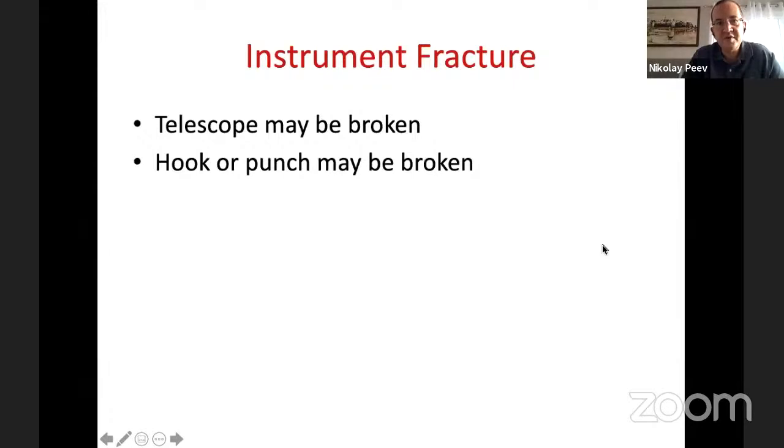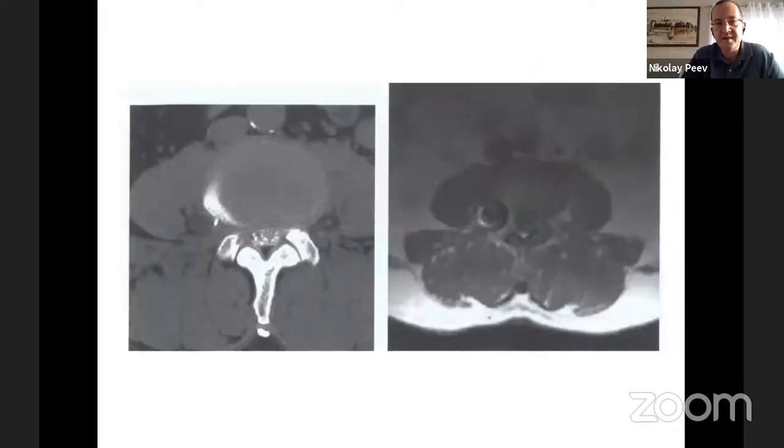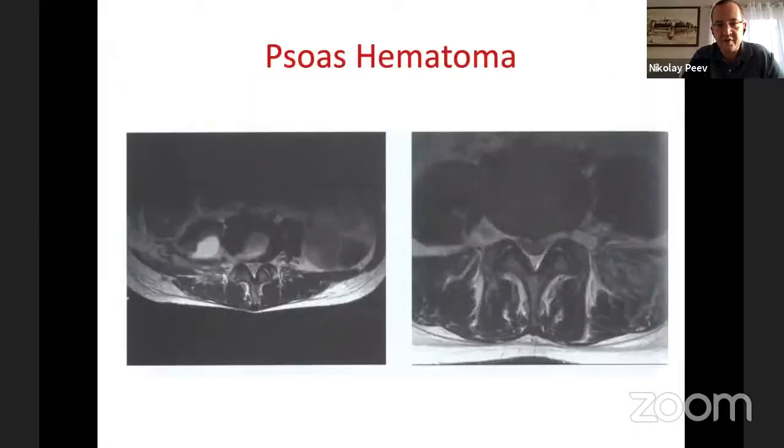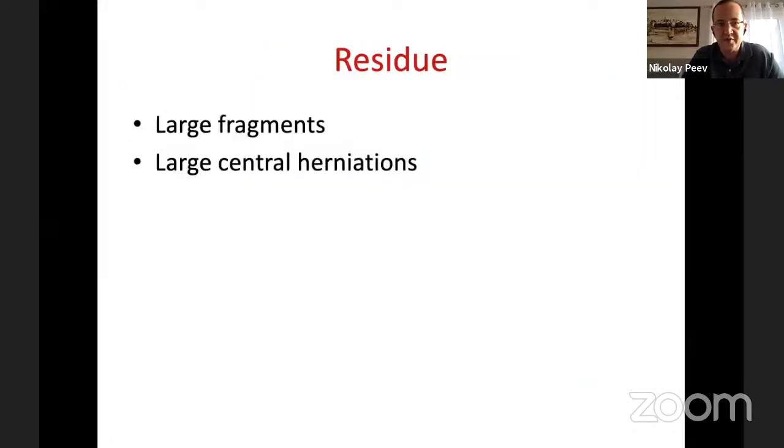Instrument fracture is also something that you may have, especially with your initial cases, and this happens because you're normally very aggressive in the beginning, and you're not familiar with the technique and with the instruments. You have to try to avoid that as well, because this will be a bad complication.